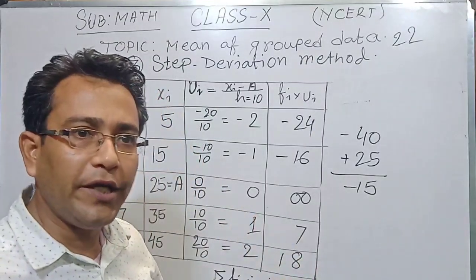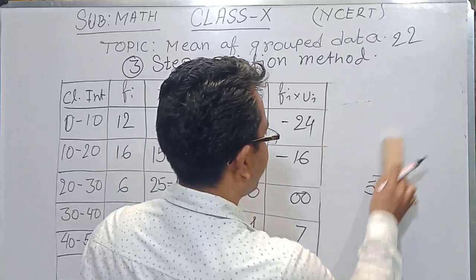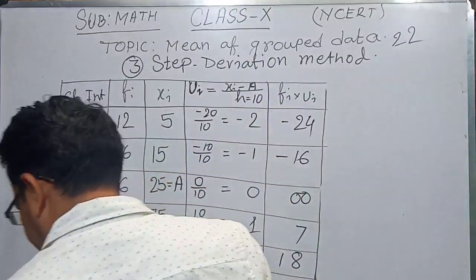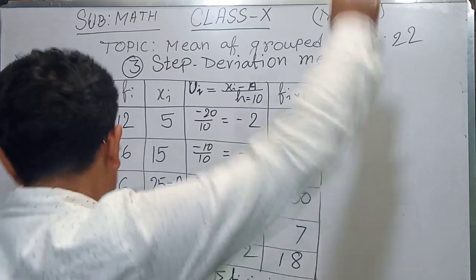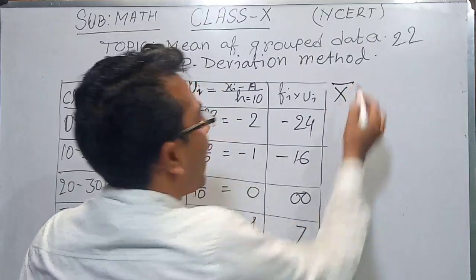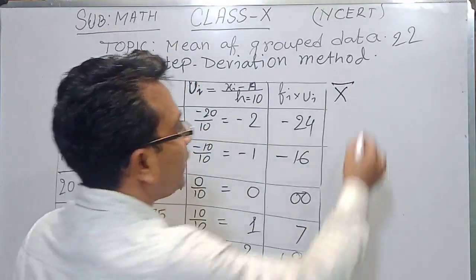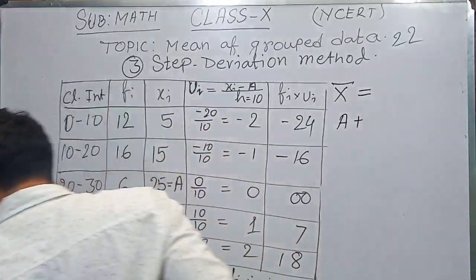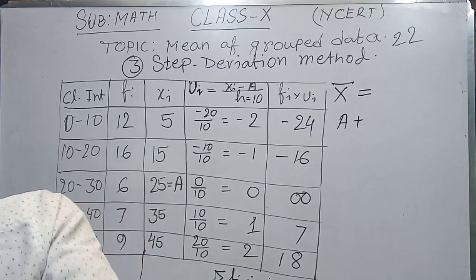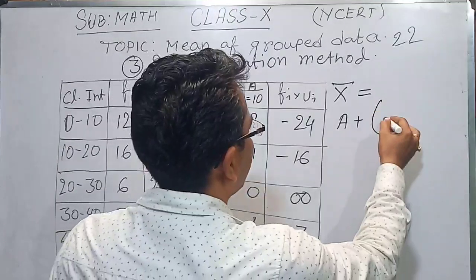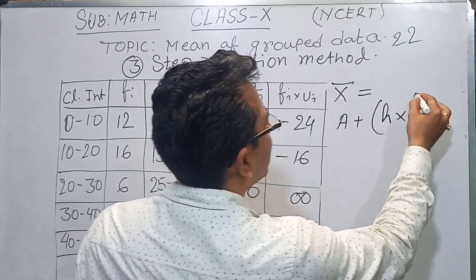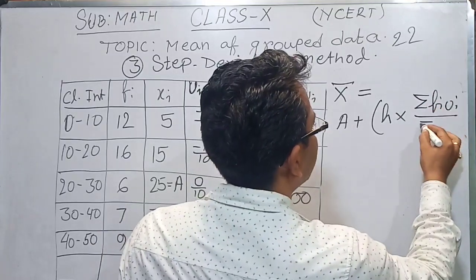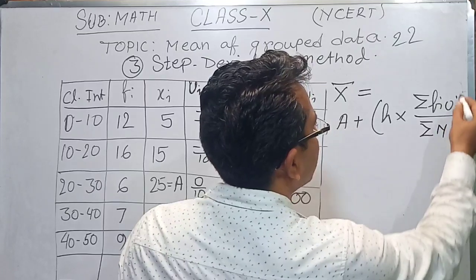Now to calculate the mean, similarly x bar, that is mean, equal to a plus h into summation fi ui by summation n.